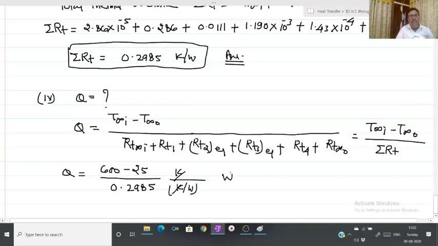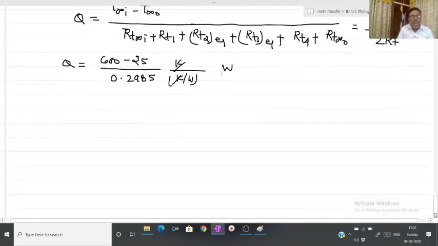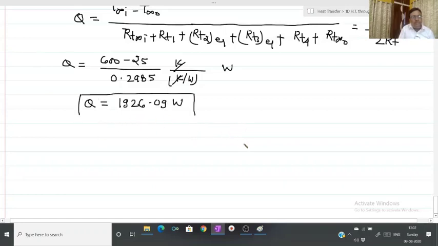I will get the unit of Q as watt. So Q will come out as 1926.09 watt. This will be the answer.